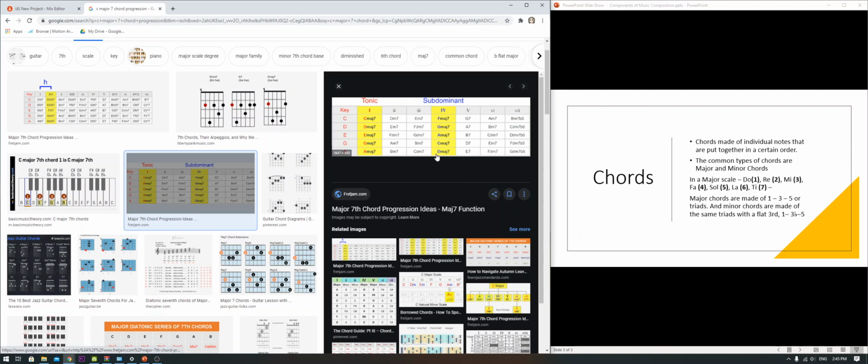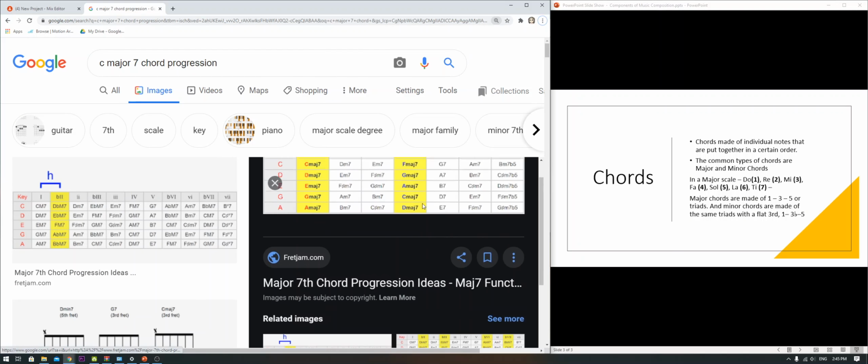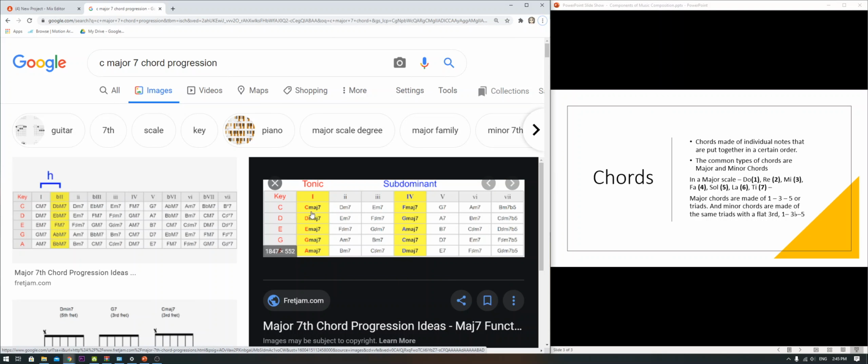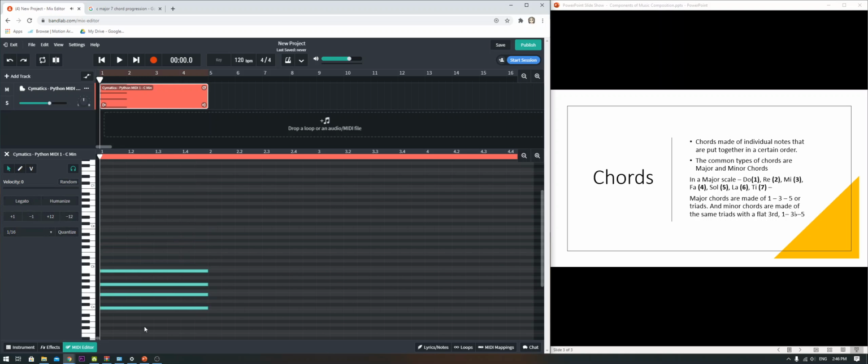All right, here you go, I zoomed in a little bit. I'm on C major seventh, so I should be playing the song around D minor seven, E minor seven, F major seven, and G major seven. So how do I find out where they are? Find the root, which is the first note in the chord, the one.